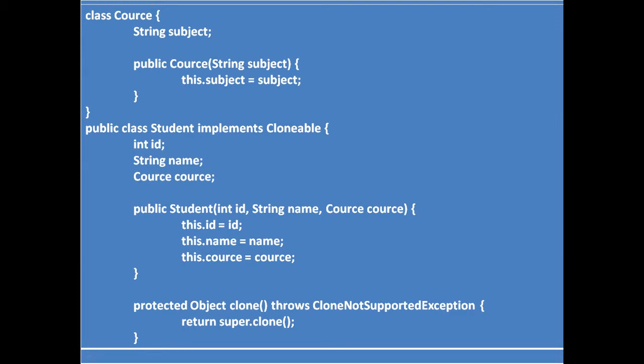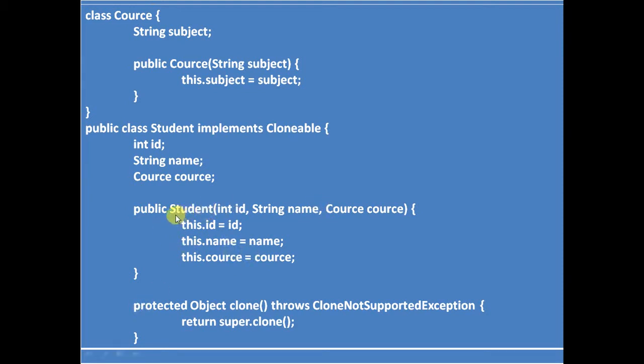So we know that if we want to clone an object of any class, then that class must implement the Cloneable interface. So here we implement the Cloneable interface in the Student class, and the Student class has three properties: student ID, student name, and course as a reference of the Course class.